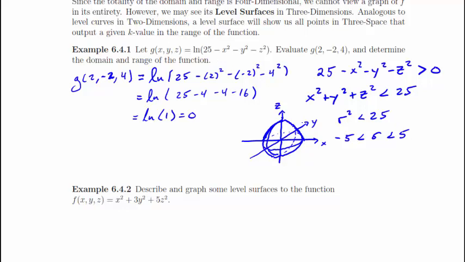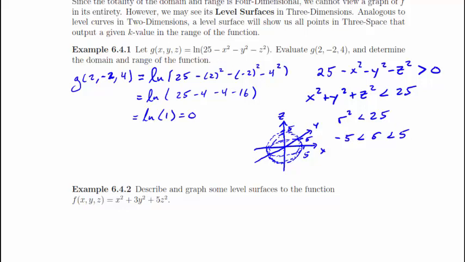I should really be using dotted lines for this. You know what? I'm going to pause the video and draw this a little bit nicer. All right, I think that looks a little bit better. So we have a sphere. This has a radius of 5. And so our domain is inside of this.